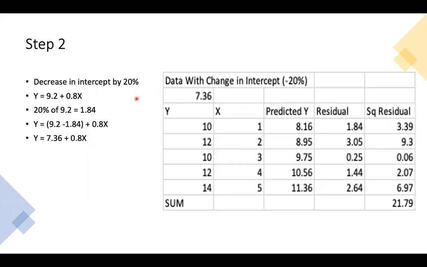Then calculating for a decrease in intercept by 20%, you get 7.36, and the predicted y is gotten from this equation, and the sum of the squared residual gives a total sum of 21.79.